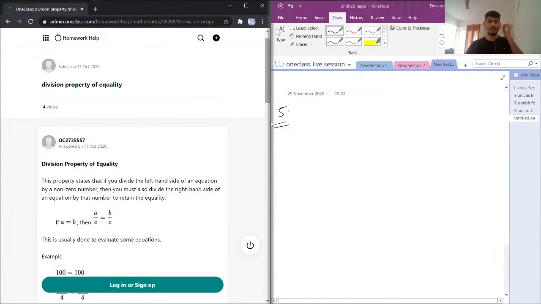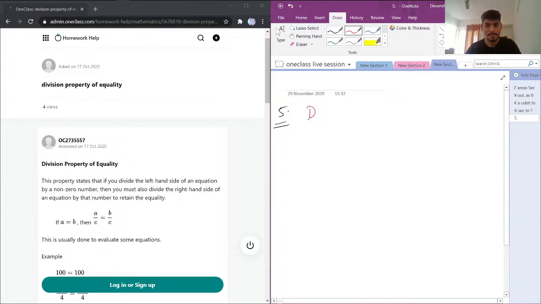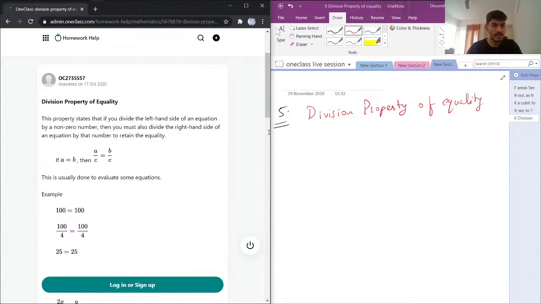Now, the division property of equality. This property states that if you divide the left hand side of an equation by a non-zero number, then you must also divide the right hand side of the equation by that number to retain the equality.